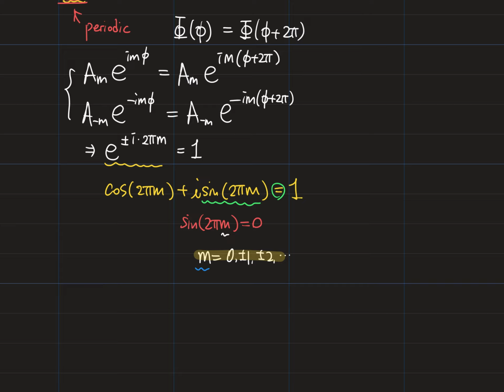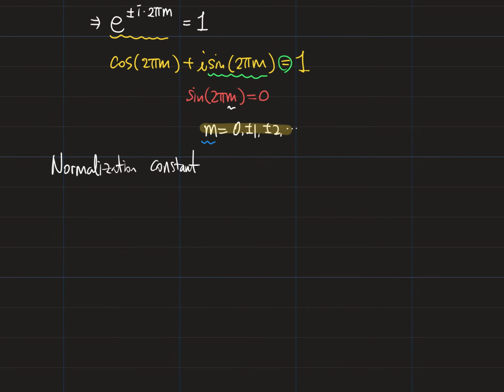And still we don't know the form of this normalization constant. This is discussed in example 6-1, but we are going to take a look at it together. It is always about taking the square of the wave function, integrating that function and equating the result to 1, because that is related to the probability.